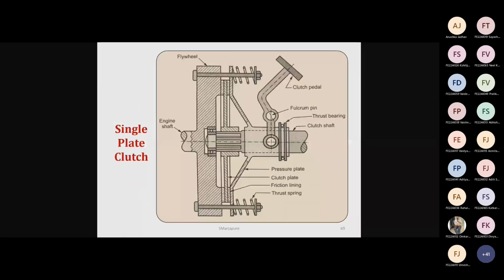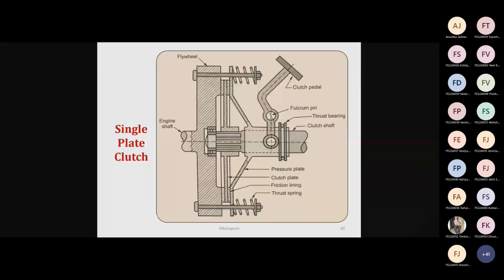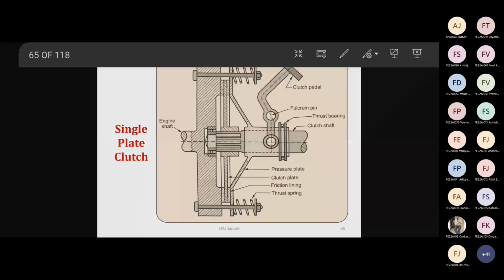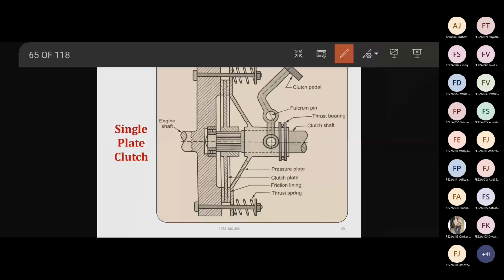What is the function of the clutch? The clutch function is to engage and disengage the engine power with the gearbox, right?